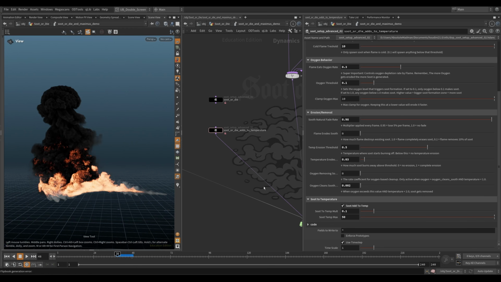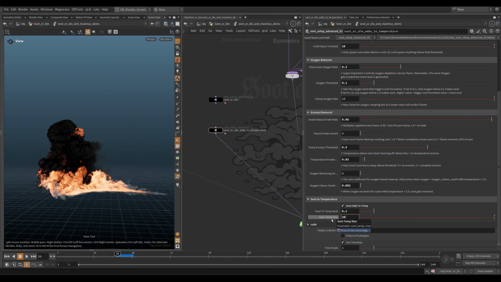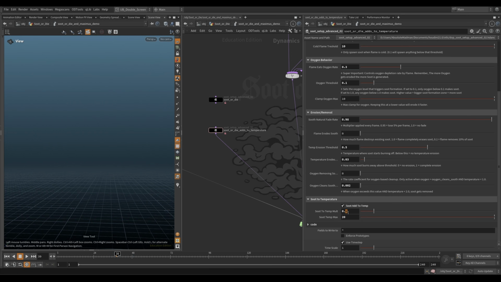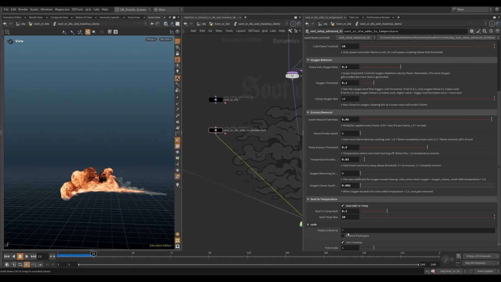It still feels like it's raising too much, so I'll do 20. I'll add 2 and reduce it to 20. But yeah, that's why I added the soot max control, because we still wanted to be pushing our buoyancy up, but we don't want it to go off the rails and be too intense.